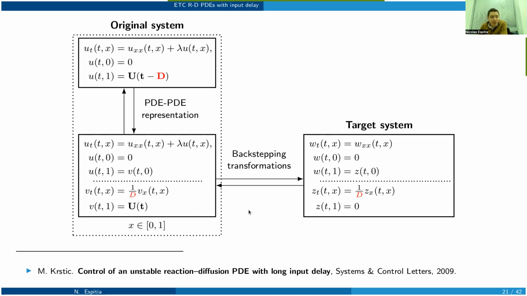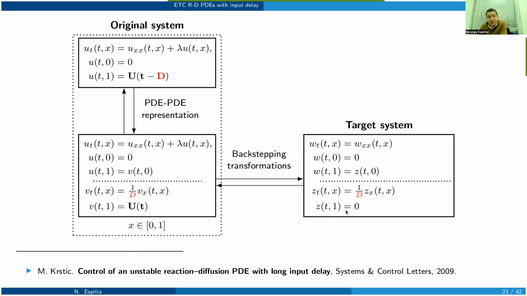So the idea is to transform this unstable PDE system into a target system, which can be proved to be exponentially stable. And if we look at the transport PDE here, you can notice a 0 at the boundary. This transport PDE has a very interesting feature that I like very much.